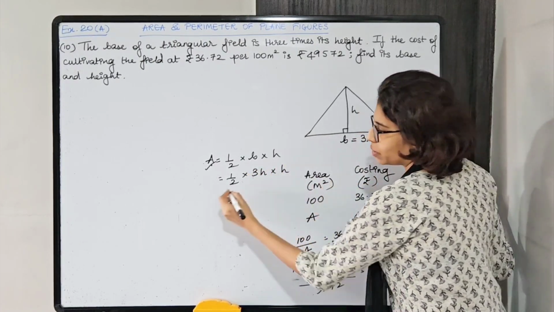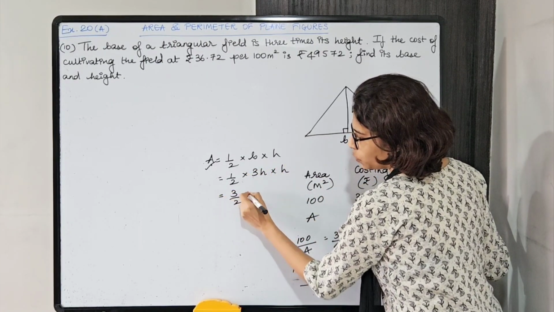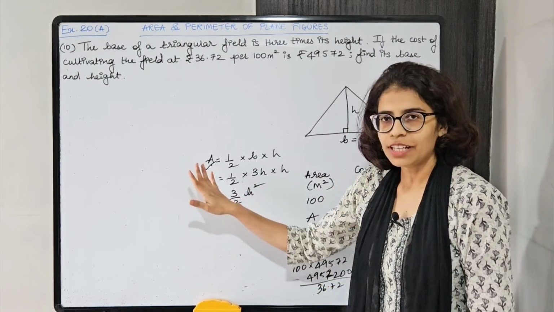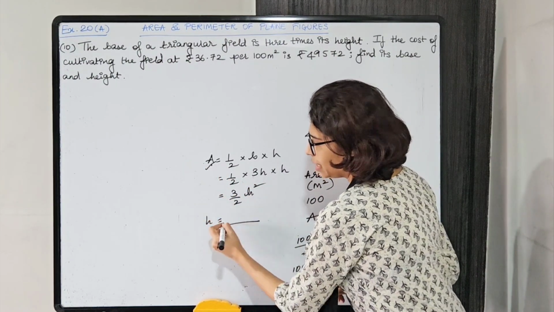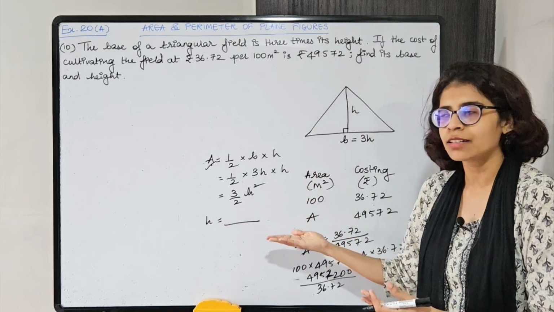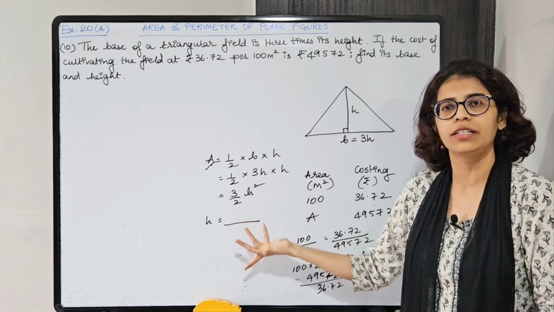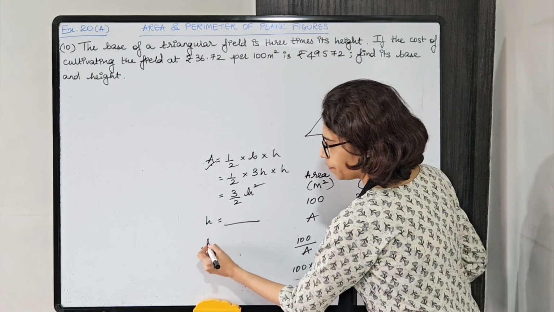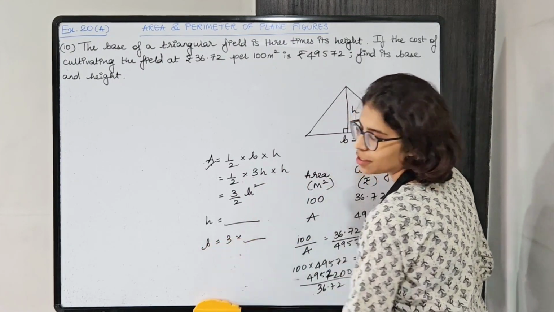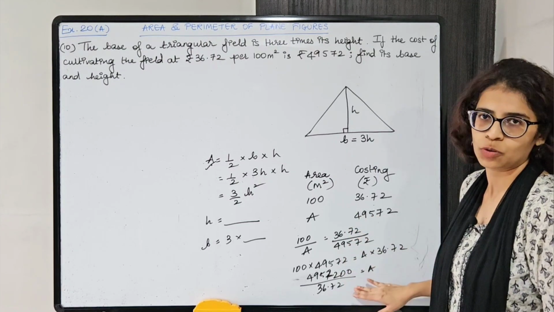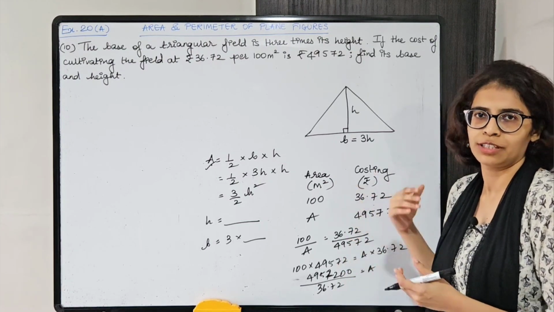So that will give 3 by 2 h square. So solve करके height मिलेगा. Once you get the height, you'll easily get the base. Base is 3 times height. जो भी value मिलेगा 3 से multiply करो, base भी मिल जाएगा. So very easy. The important thing is you should get the area, and area we'll get by the unitary method.